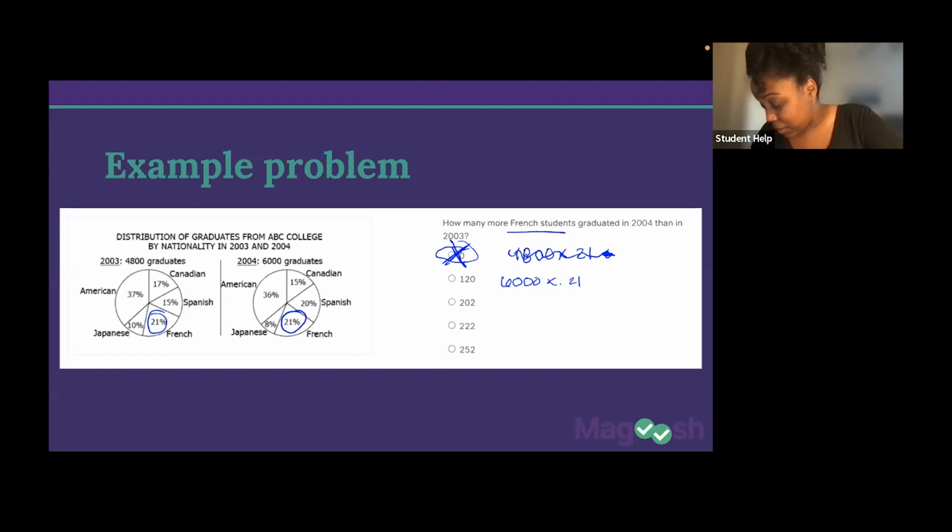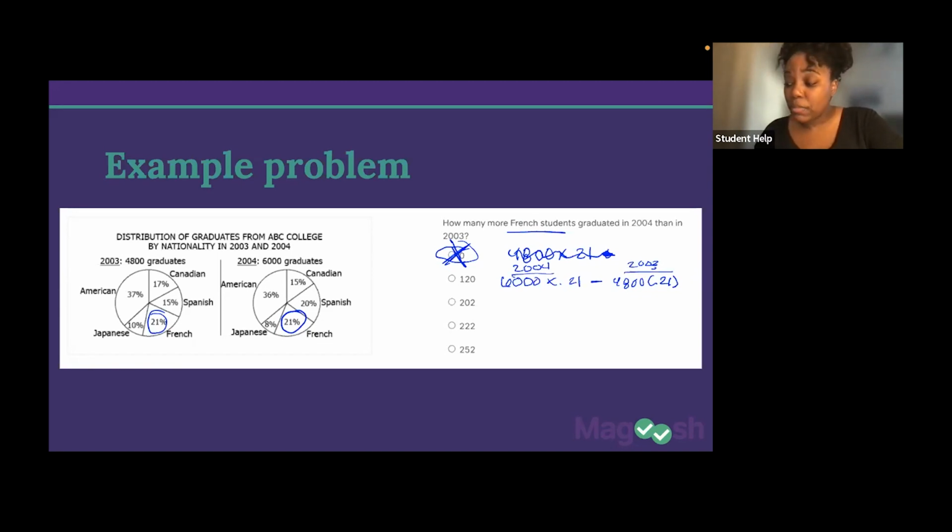That would be the number of French students in 2004, minus 4,800 students times 0.21. That would give me the number of students in 2003. And if I subtract the two of those, that should give me the difference, right? Okay, cool. So we're on the same page there.